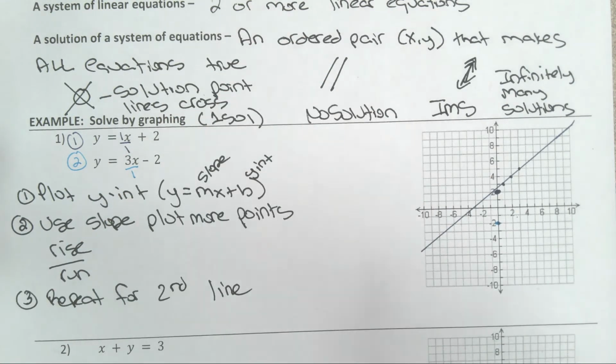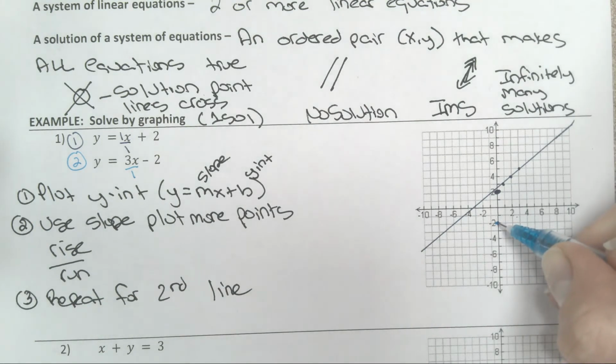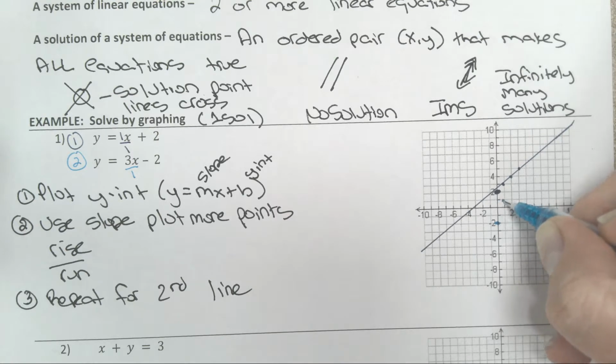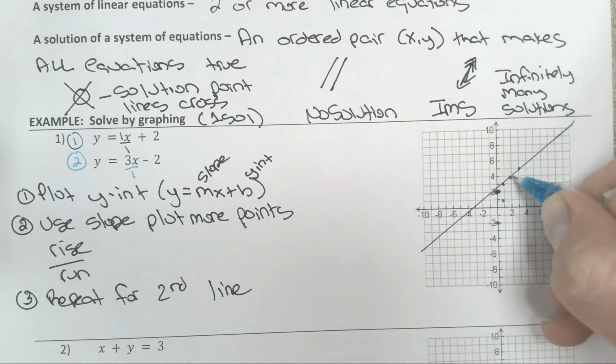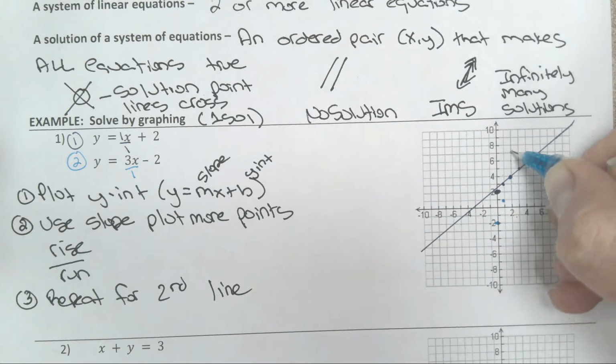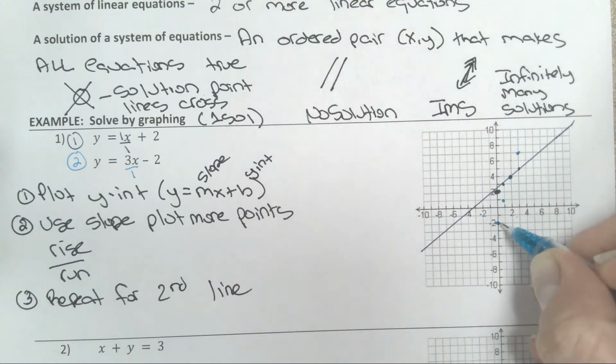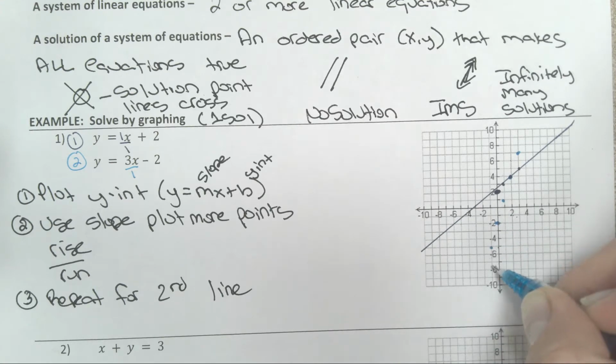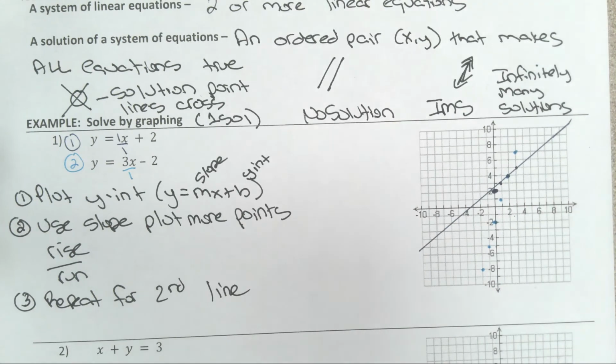Slope is a fraction, so you can always put a whole number over 1. From this y-intercept starting point, I'm going to count up 3 and right 1. If you ever run out of room, you can always go down and left, so down 3, left 1, because that would continue the pattern that you have.